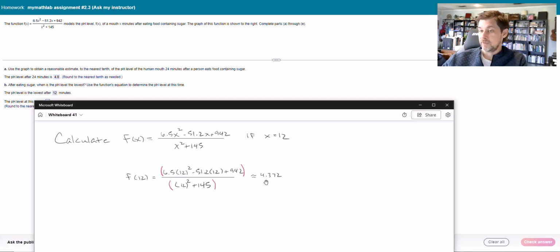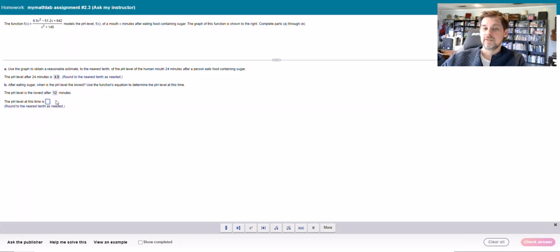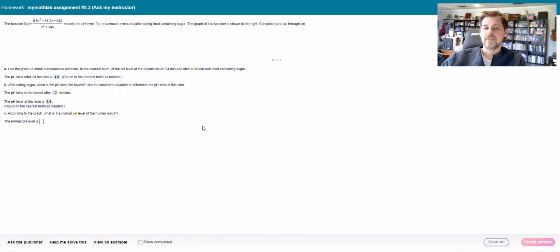I get 4.372, and rounding to the nearest tenth means rounding to that decimal place right there, so 4.37 becomes 4.4. That's the pH, as low as it gets before it starts to rise back up to normal, which seems to be about 6.5.